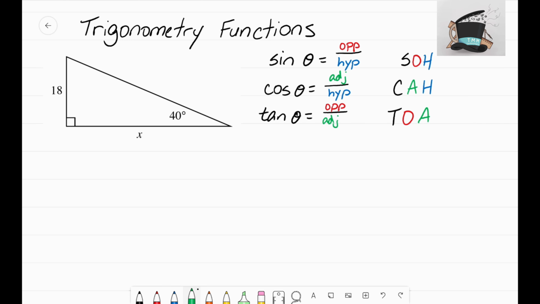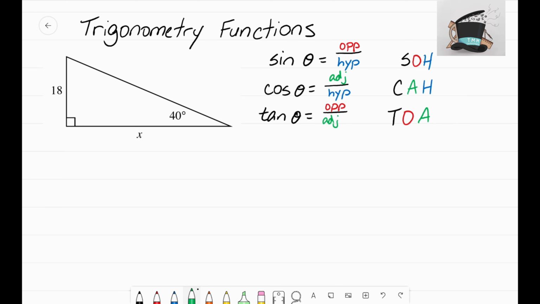If you want to write that down, maybe that'll help you with the other problems you'll be working on. But basically, sine uses opposite and hypotenuse, cosine uses adjacent and hypotenuse, and tangent uses opposite and adjacent.